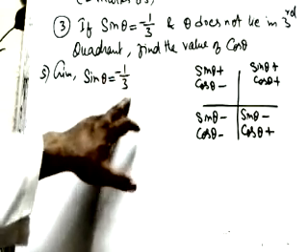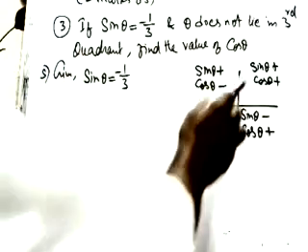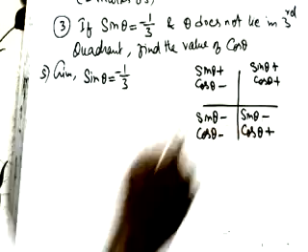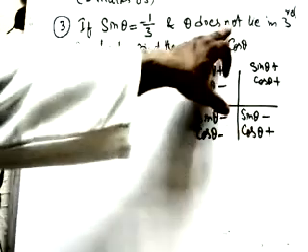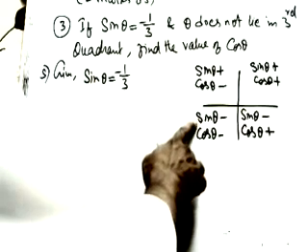Given sine theta equals minus 1 by 3 and theta does not lie in the third quadrant. We know sine theta is positive in the first and second quadrants, and negative in the third and fourth quadrants, but it is given that theta does not lie in the third quadrant.